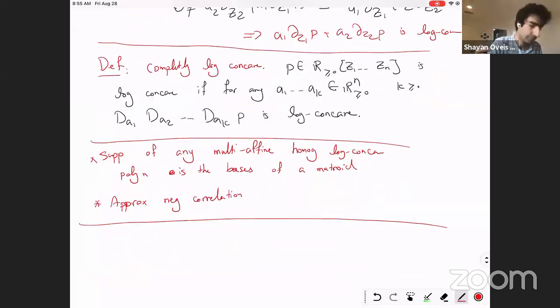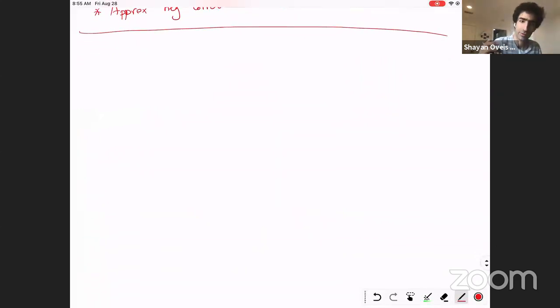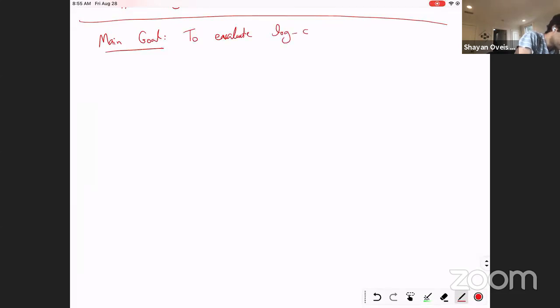Okay, so good. Any other question? Let's get to the topic of this lecture. As I said, the main goal is to be able to evaluate log concave polynomials, having access to the coefficients.